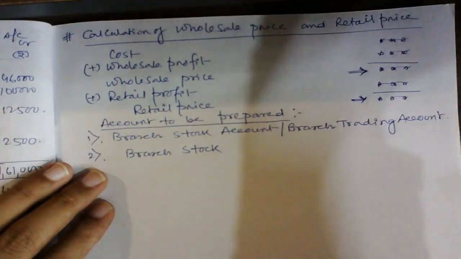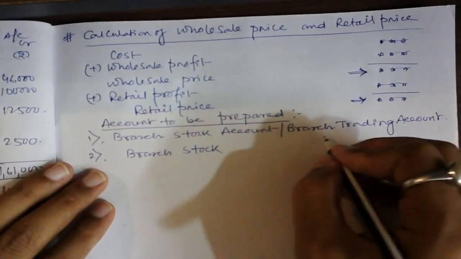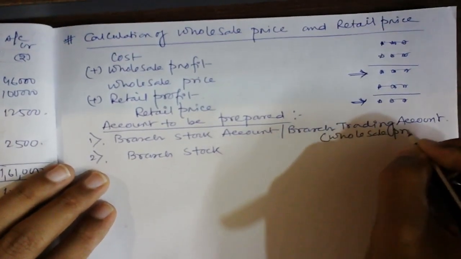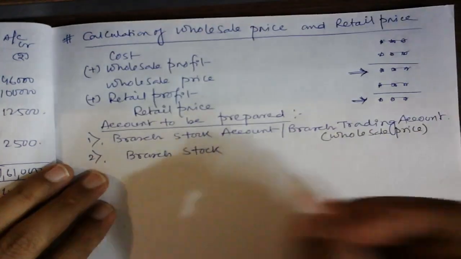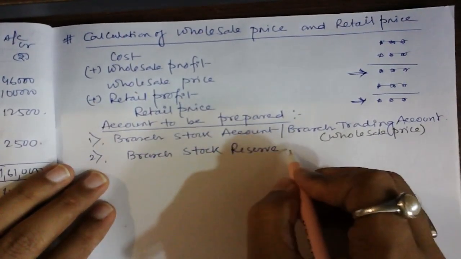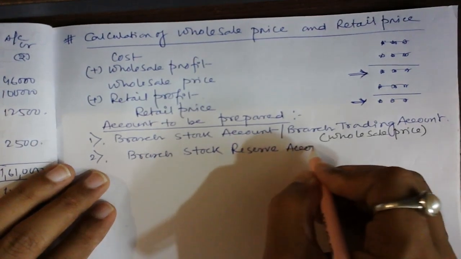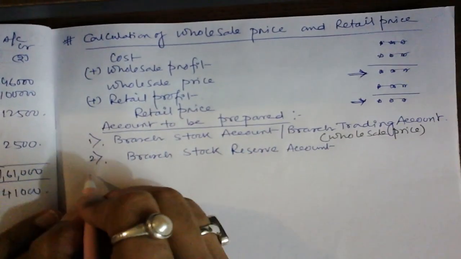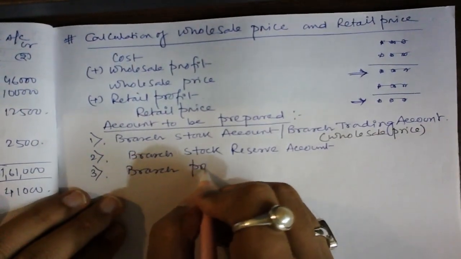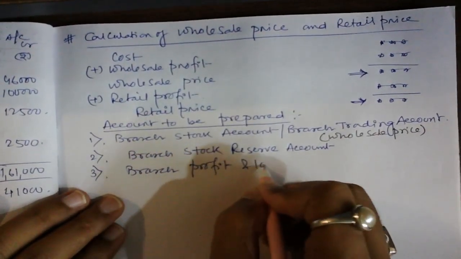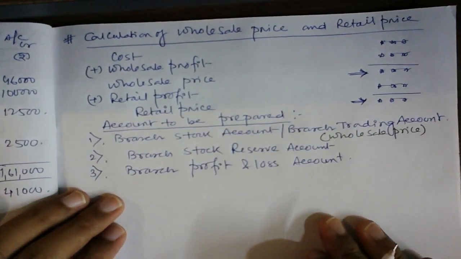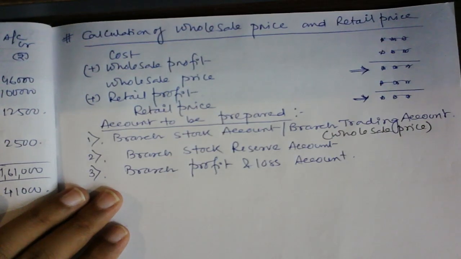You can write in brackets wholesale price. We need to maintain the wholesale price here. Here you can write branch stock reserve account. Third, we need to maintain the branch profit and loss account. So: branch stock account or branch trading account, branch stock reserve account, branch profit and loss account.